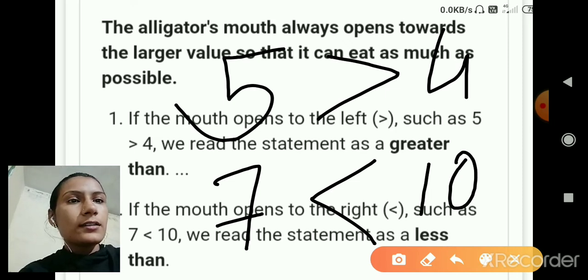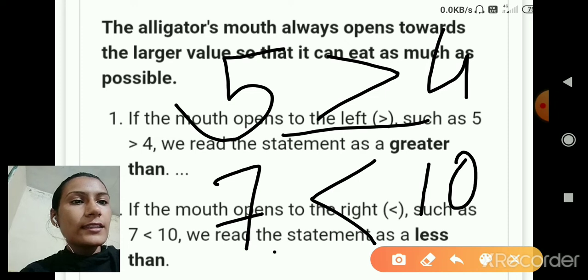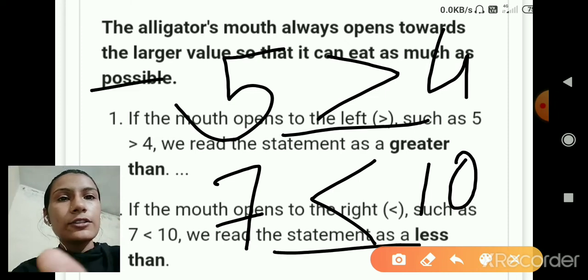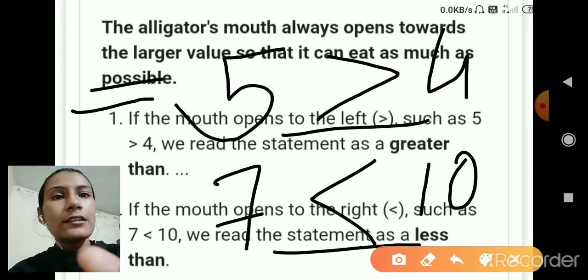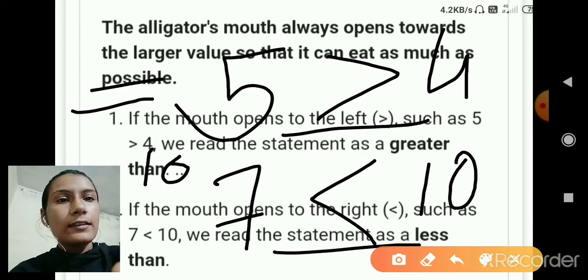So this is the greater than sign, this is the less than sign, and this is equal to. If both the numbers are the same, we have to use the equal to sign. For example, 10 and 10, so 10 is equal to 10.